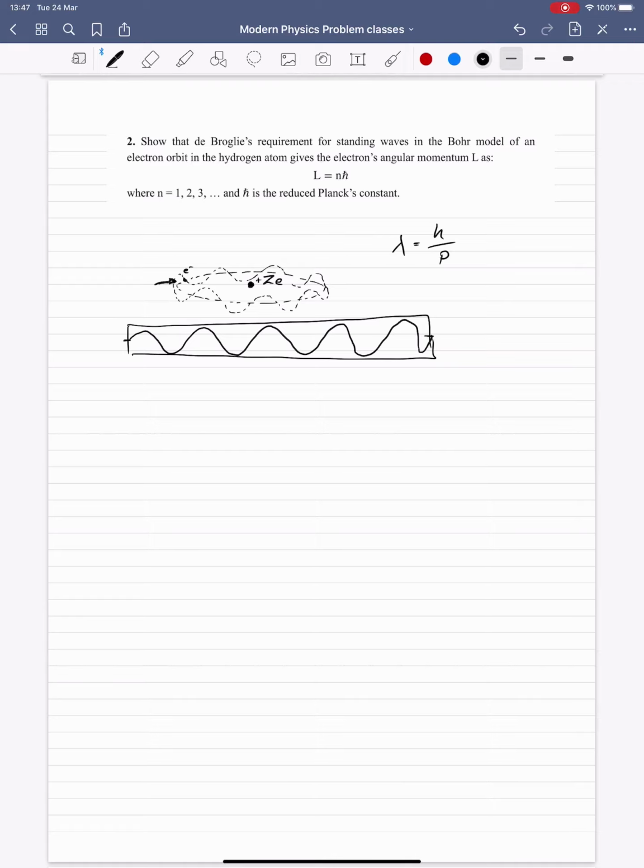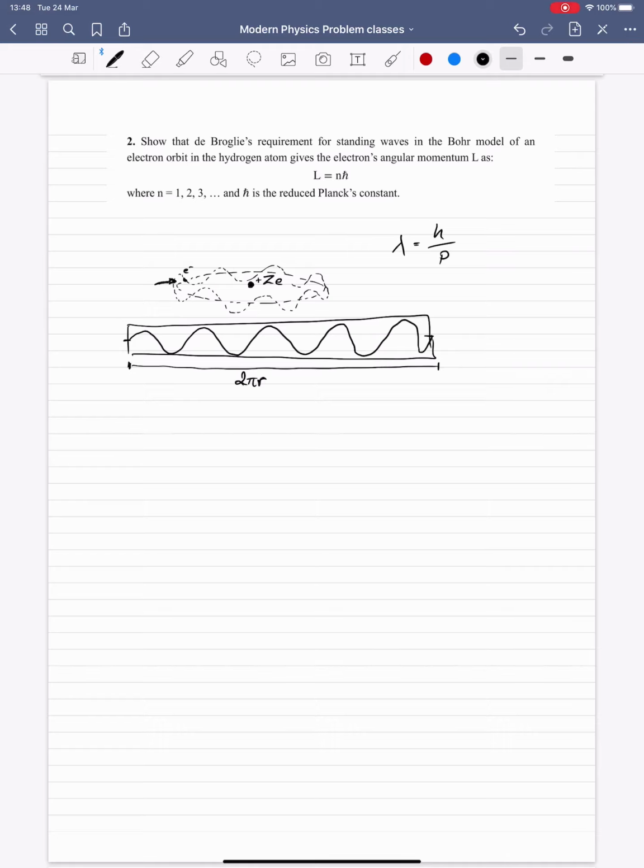Something like that. It's poorly drawn, but you get the point. So what does that mean? Essentially, it means that the whole length of this must be the circumference of the orbit of the electron. That's given as 2 pi r, where r is the radius of the orbit.